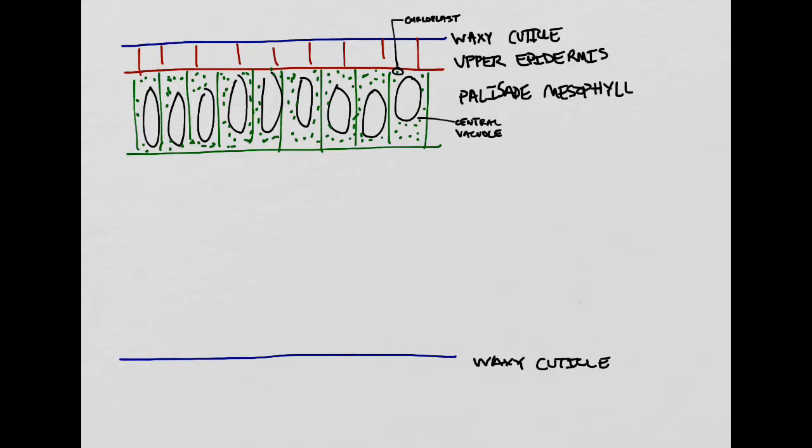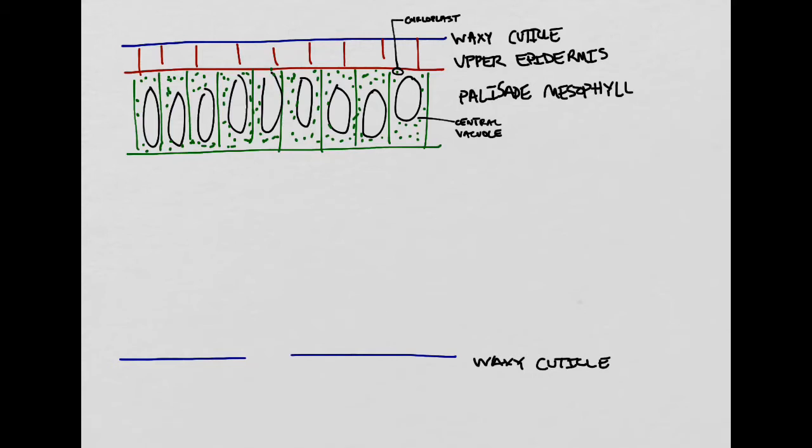So on top of the cell, you'll notice that the waxy cuticle is one long line, but on the bottom, I've drawn it one long line, but I'm going to erase a little portion of it. There are breaks in the waxy cuticle, and this allows for the diffusion of gas in and out of the plant. We'll be discussing a little bit later what those gases are and why they're important, but things are entering and exiting the cell through this break in the waxy cuticle on the bottom.